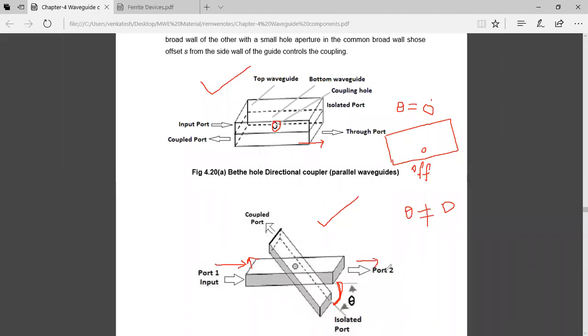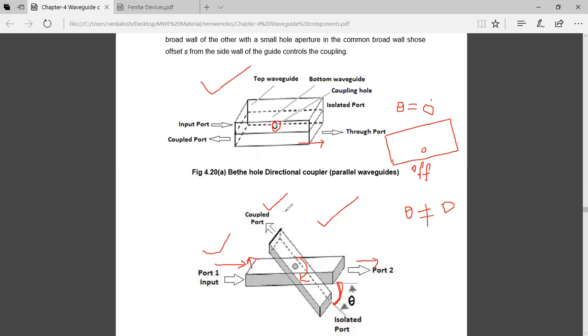To couple the energy into the other ports, we move the auxiliary waveguide to a certain angle, which changes which ports are coupled. In this diagram, there is a coupling between port 1 and port 3.